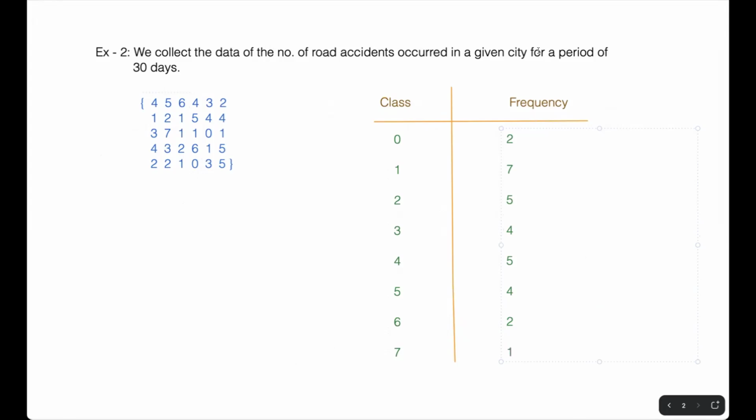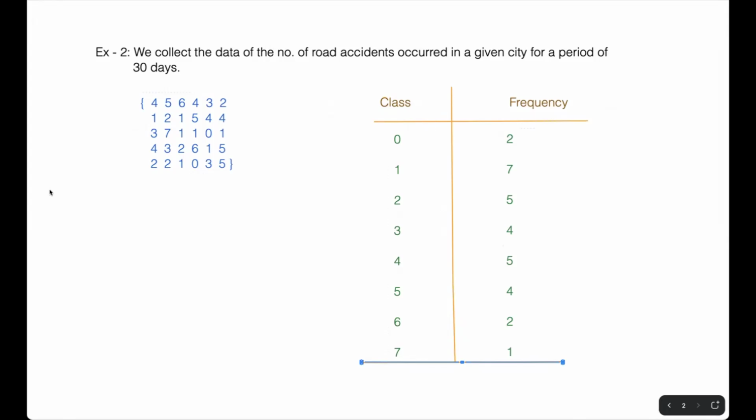So the total frequency is 2 plus 7 is 9, plus 5 is 14, plus 4 is 18, plus 5 is 23, plus 4 is 27, plus 3 is 30. Okay, so we write the total frequency here.